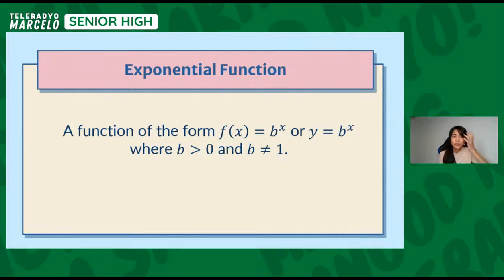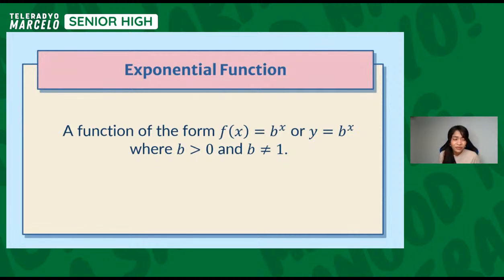Say, for example, if we raise negative 1 to an even number, the answer would be positive. But if we raise negative 1 to an odd number, the answer will be negative. So in this scenario, the function has no continuity and will diverge. Also, aside from our base being positive, the base should not be equal to 1.